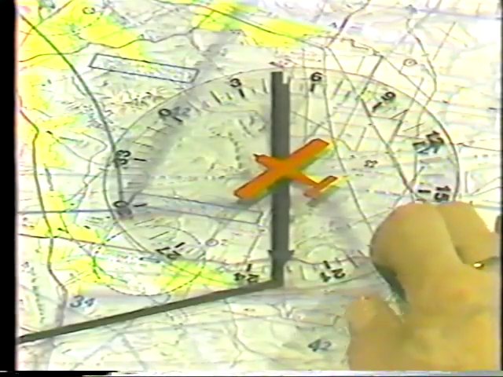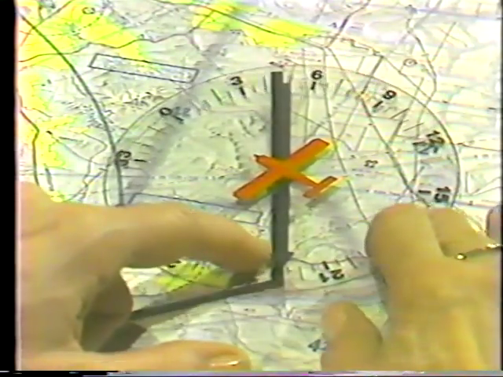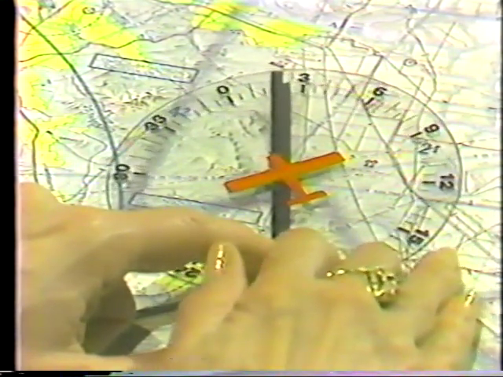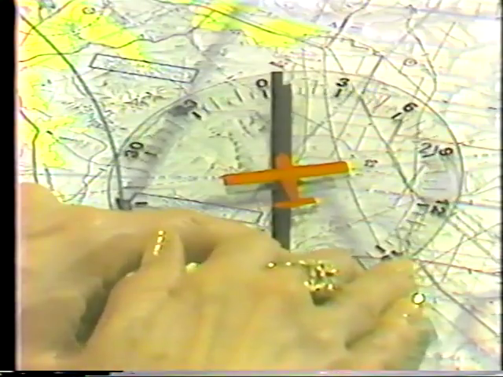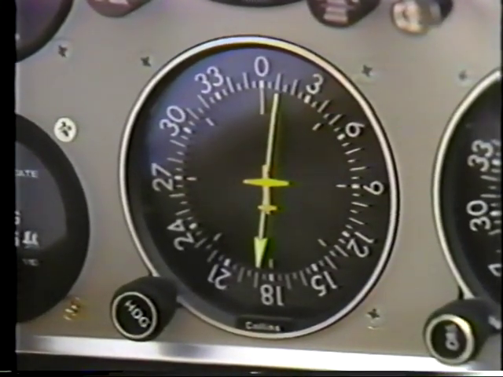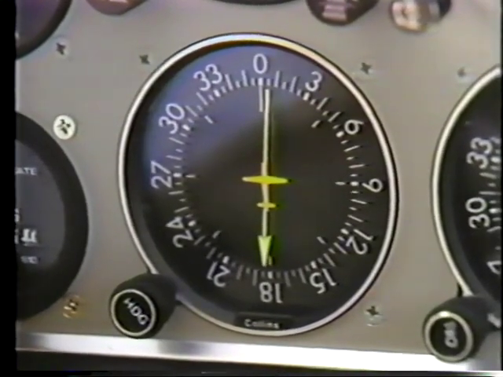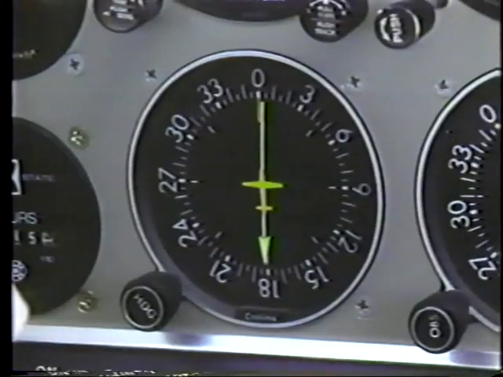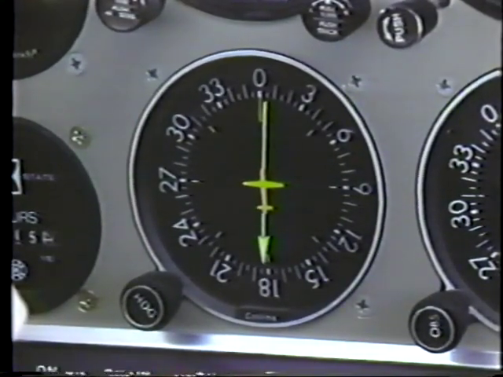Now we turn from our heading of 281 degrees to our outbound course of 326 degrees. Watch the bearing pointer for any indication of wind drift which would cause it to move away from the 180 degree position. The arrow is moving to the left.